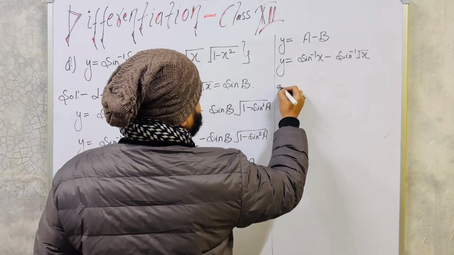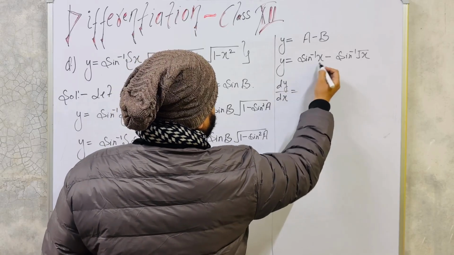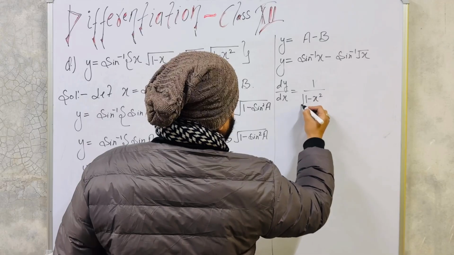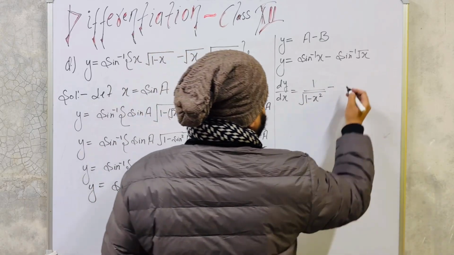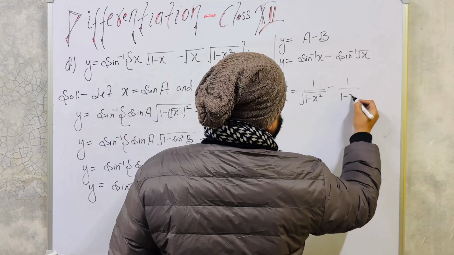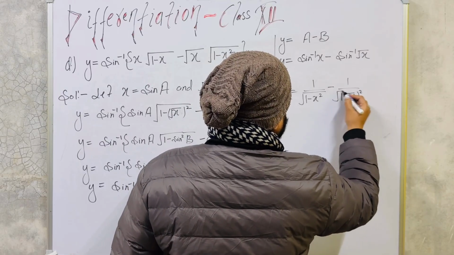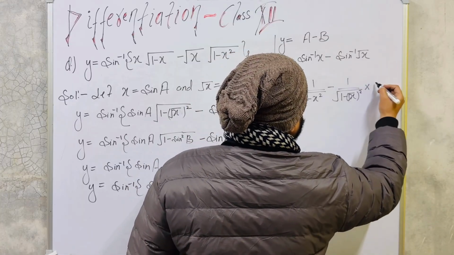Now we have to differentiate. dy by dx is equal to the differentiation of sine inverse x, which is 1 upon under root 1 minus x square, minus the differentiation of sine inverse under root x, which is 1 upon under root of 1 minus (under root x) whole square, into the differentiation of under root x.